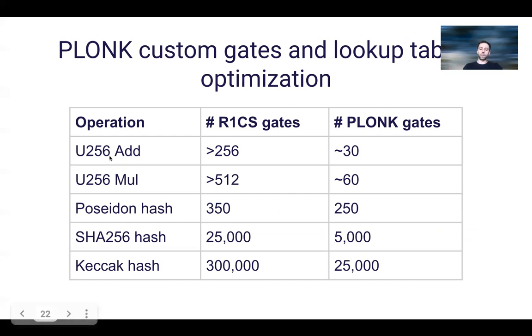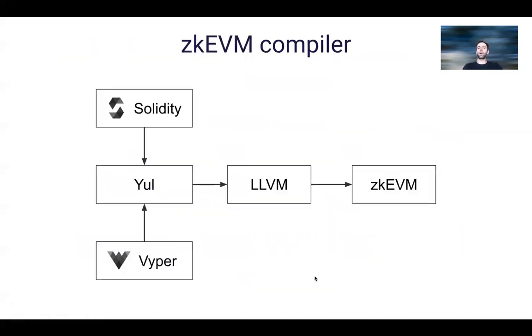So we added specific things for 256 bits arithmetics. We have very efficient snark-friendly hashes. We have pretty efficient non-snark-friendly hashes as well, because we take advantage of Plonk's custom gates and lookup tables, and this gives us a boost of 10x or even more in some cases. So we can do it very efficiently.